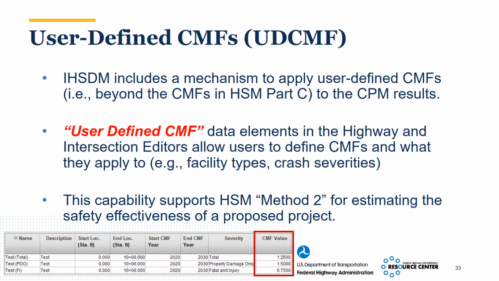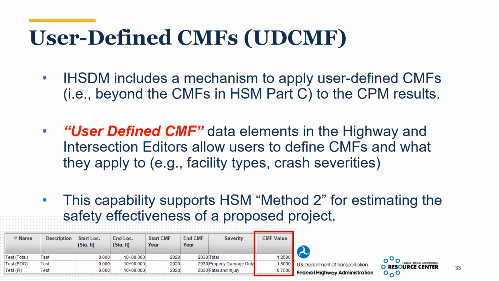So for each facility type, if you have a highway or an intersection or whatever it might be, you have the ability to define these CMFs, and also to indicate what facility type they apply to and what crash severities they apply to. Do they apply to total crashes, just fatal and injury crashes, only property damage only? So again, this capability supports HSM Method 2.